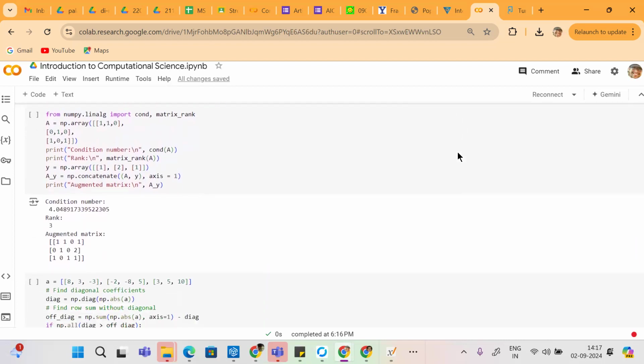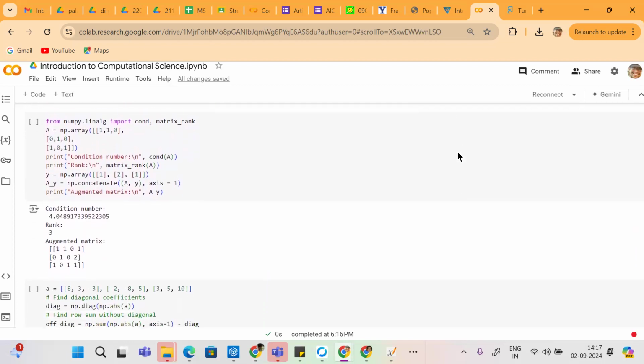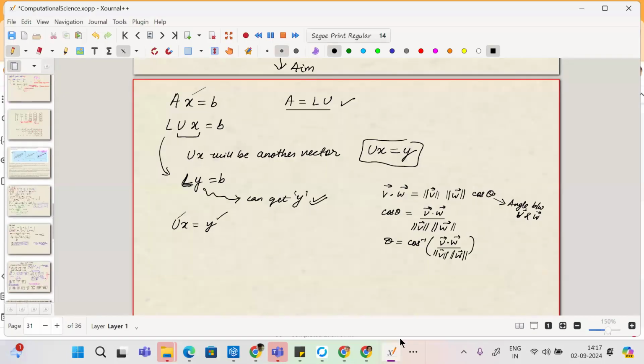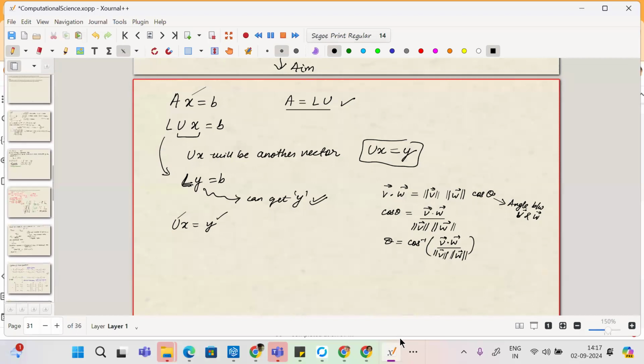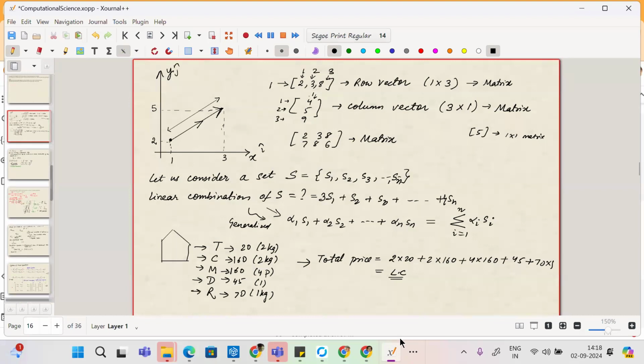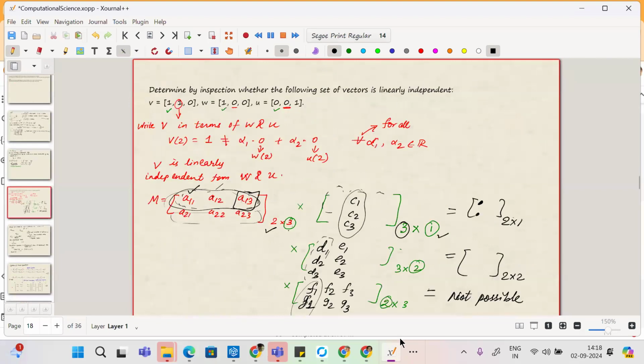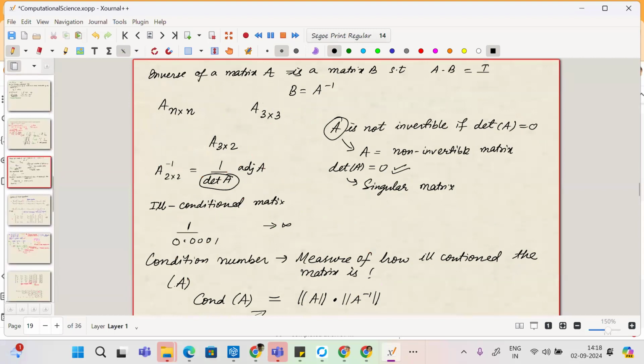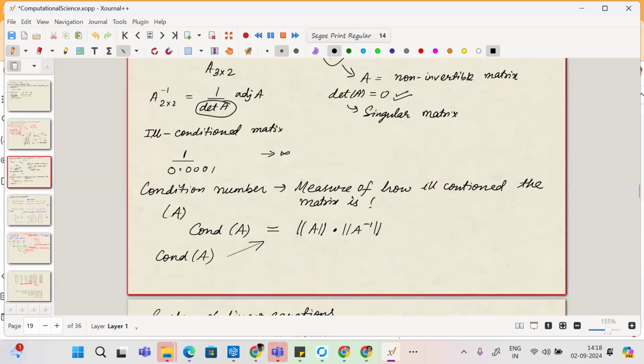So in the class we also learned about something known as the condition number of a matrix. The condition number is a measure of how ill-conditioned that matrix is, and we talked in the morning that it is defined as the norm of A times the norm of the matrix inverse.